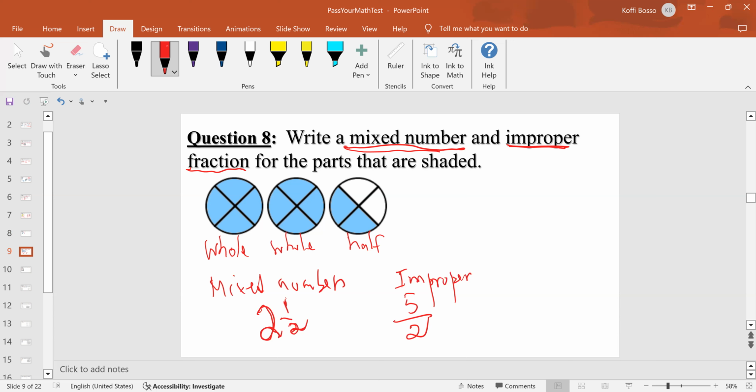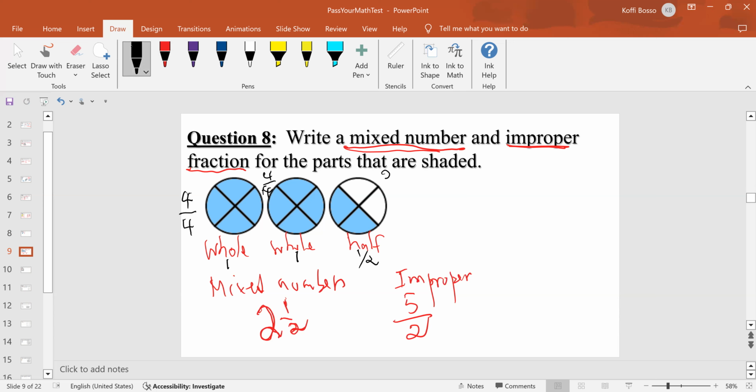Another way to solve this question, because you have many possibilities. Each whole here, we say that it's like a 1. So that represents 1, 1. And here we have a half, right? That 1, because they divide the whole in 4 parts, so we can say this is 4 out of 4. Same thing, 4 over 4.